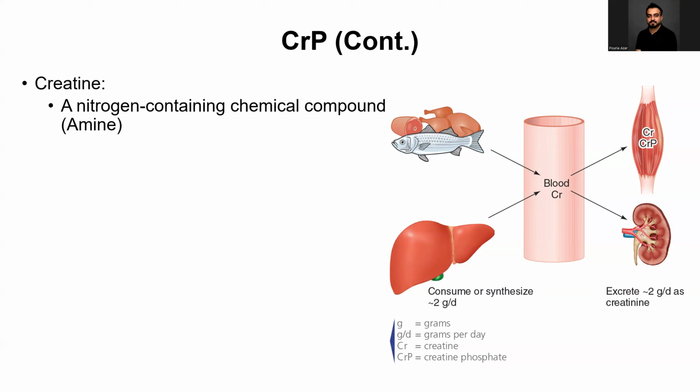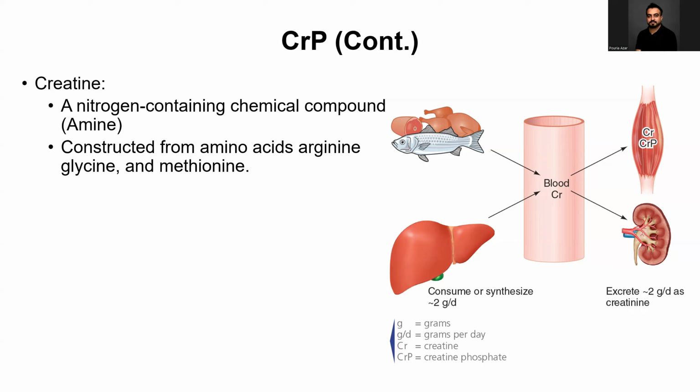Because they contain nitrogen in their chemical structure. That's why we call them amino acids. And here, creatine also contains nitrogen in its structure, so we call it an amine. It's also an amine compound.